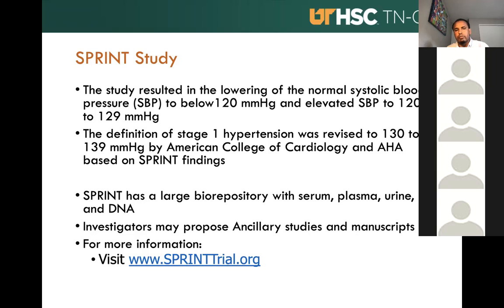So the definition of stage 1 hypertension was revised to 130 to 139 millimeters of mercury by the American College of Cardiology and American Heart Association based on the SPRINT findings. SPRINT has a large biorepository with serum, plasma, urine, and DNA. For the SPRINT study, investigators may propose ancillary studies and manuscripts. The website for SPRINT is here.